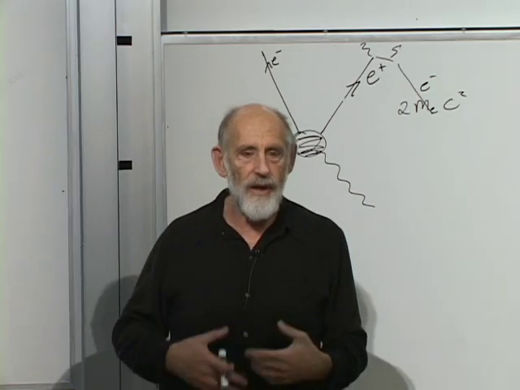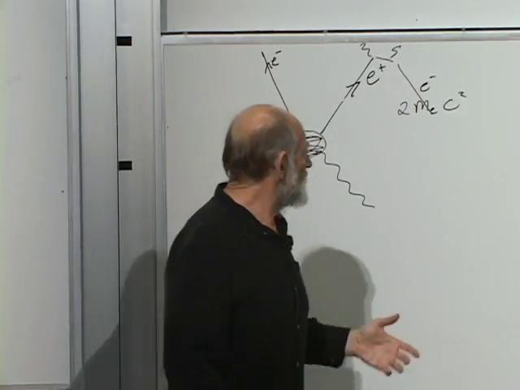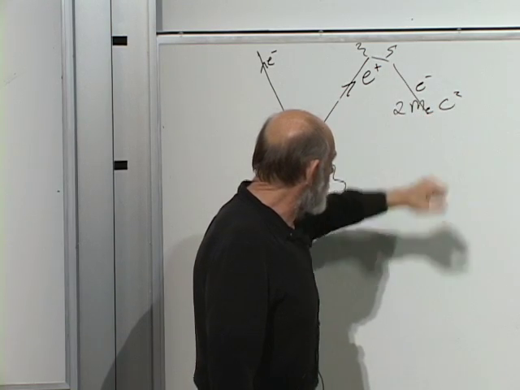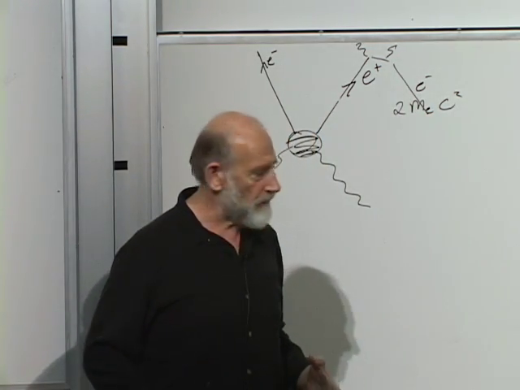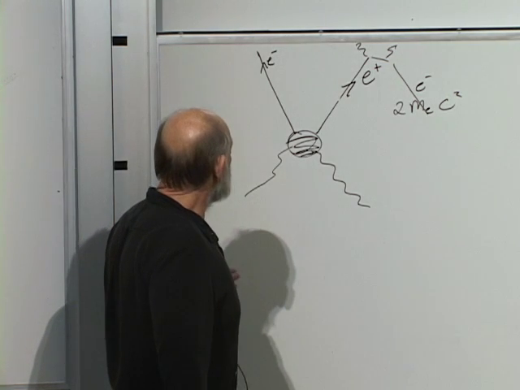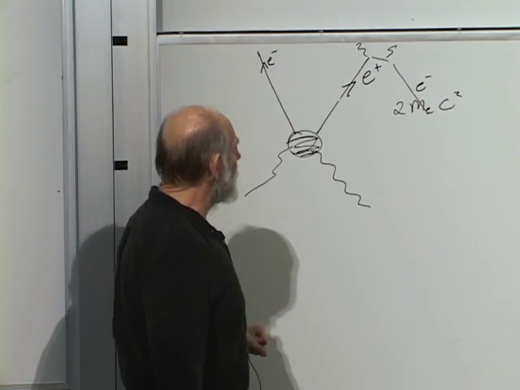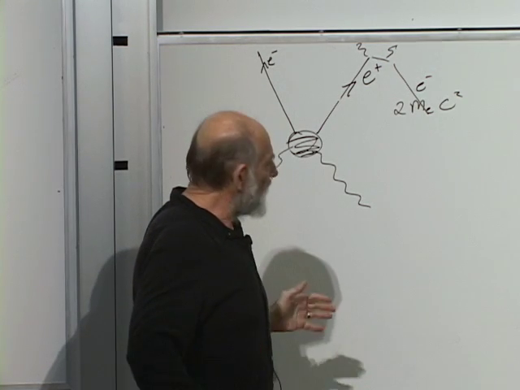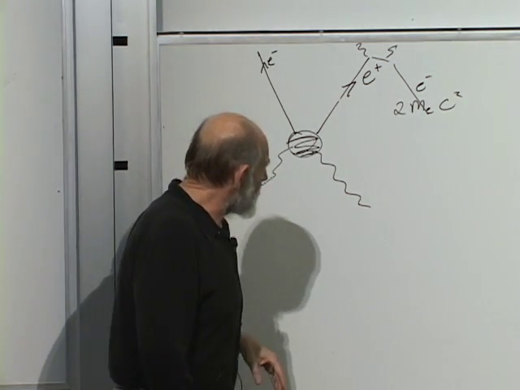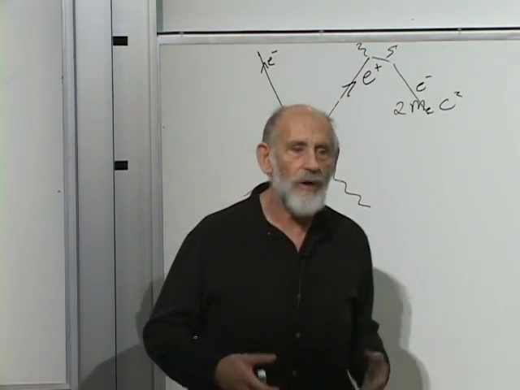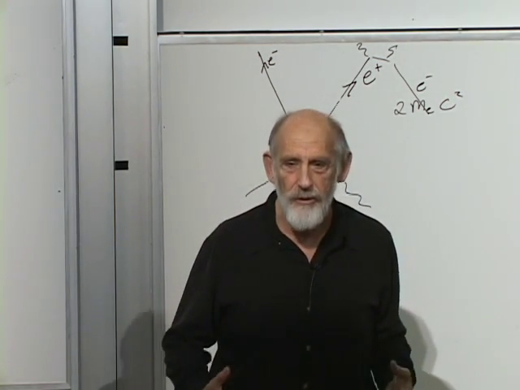So eventually when the temperature gets much above the threshold for creating electron-positron pairs, their mass is not important. The photons have no mass. Electrons, positrons, and photons become energetically very similar to each other.